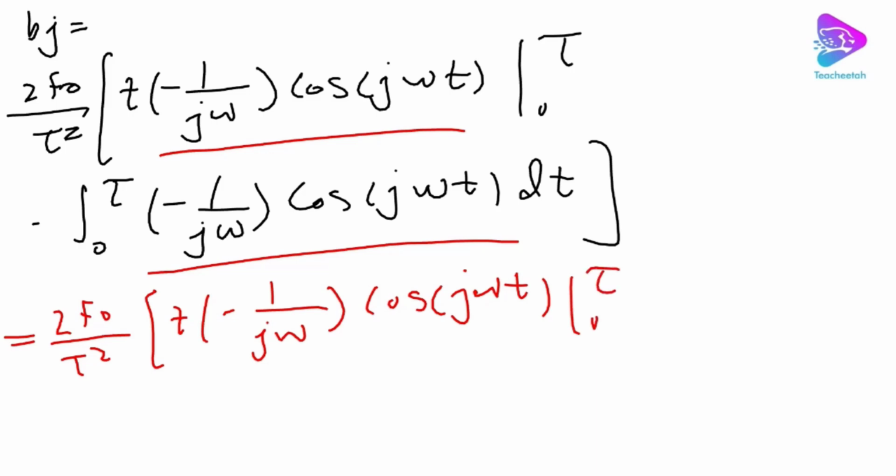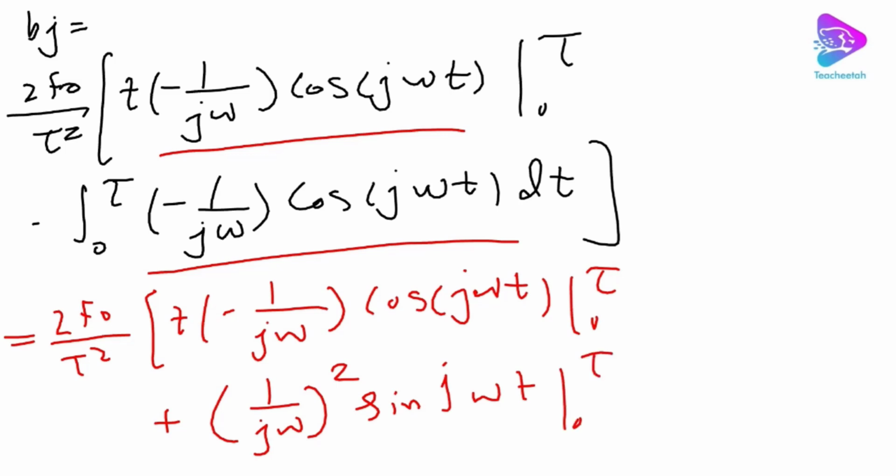And this part of the integral is plus 1 over j omega squared sine j omega t from 0 to tau, right?